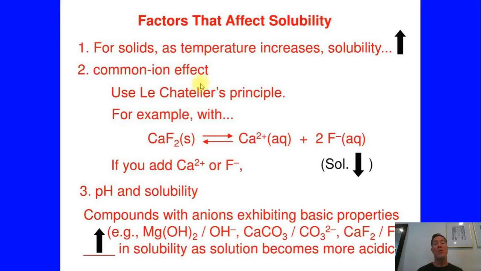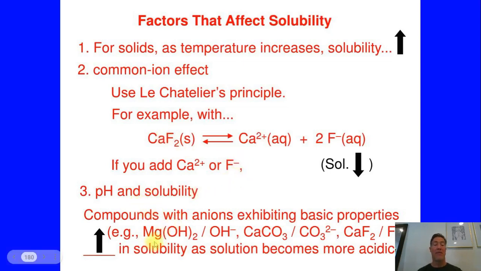Okay, so quick review of factors that affect solubility. For solids, as temperature increases, solubility goes up. If we add either one of these ions to this solution, then our solubility is going to decrease because Le Chatelier says it will force them back into the solid form. They'll precipitate out because their concentration is too high. Q is too high, it will shift back towards reactants.